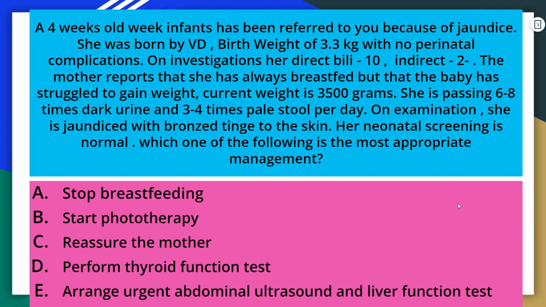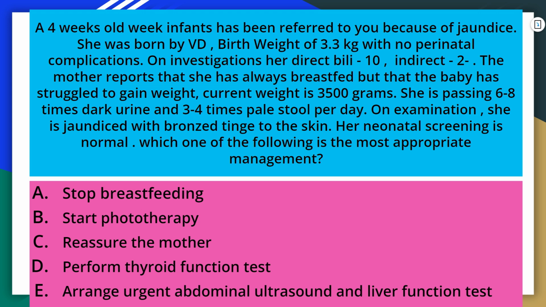Next question is, a 4-week-old infant has been referred to you because of jaundice. She was born by vaginal delivery with a birth weight of 3.3 kg with no perinatal complications. She was discharged on the third day of life, and on investigation today, her direct bilirubin is 10 mg per deciliter with indirect fraction of 2 mg per deciliter. Mother reports that she has always breastfed, but that the baby has struggled to gain weight.